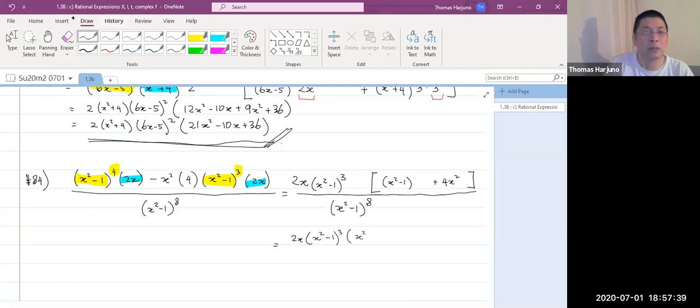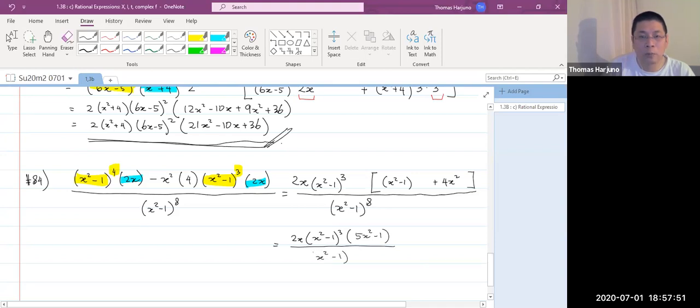Let me just add them right away. I think that's quite easy to see. That's 5x squared minus 1 over x squared minus 1 to the power of 8. Then you see we have a common factor to cancel.